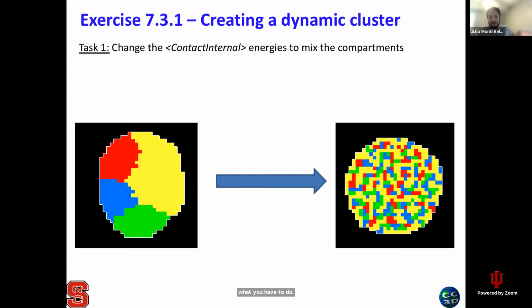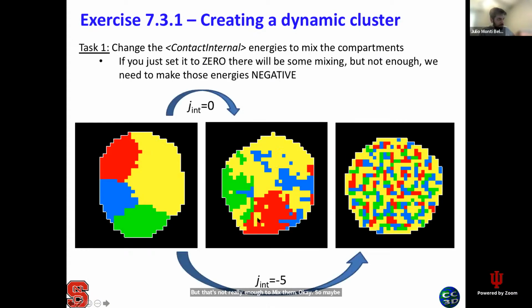So see, if you have a very low contact energy, that promotes the maximization of the surface between those cell types. That's true, but that's not really enough to mix them. Maybe you think that setting those energies to 0 would be enough because now they don't see the energy anymore, and that induces some type of mixing, but not very strong, as you may see.